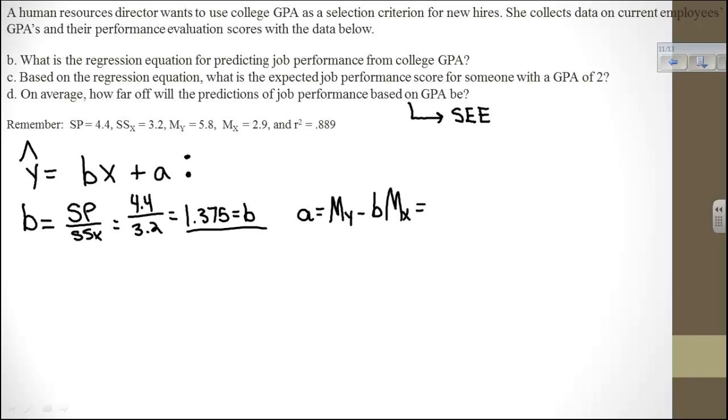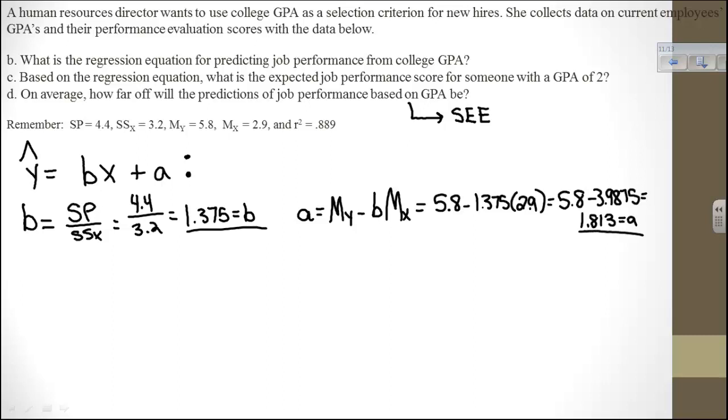So the mean of y, 5.8, minus b, which we just found to be 1.375, times the mean of x, 2.9, becomes 5.8 minus 3.9875, and you get 1.813 for a.